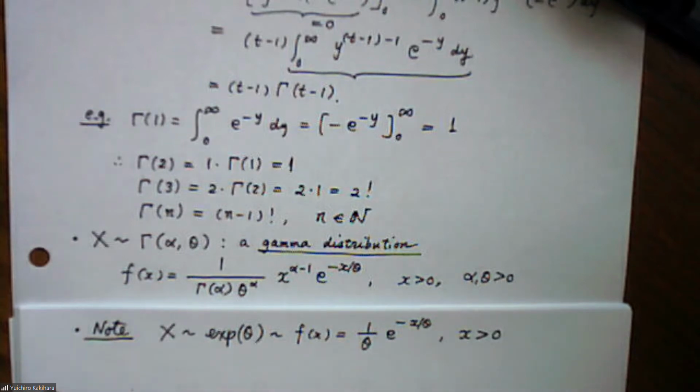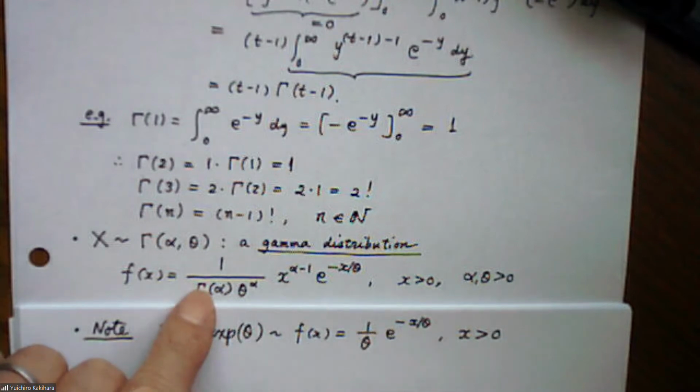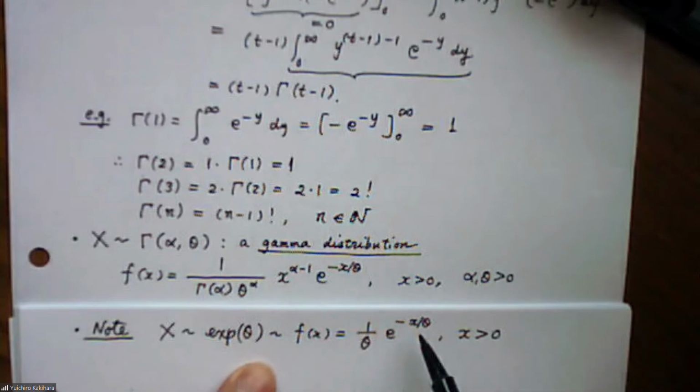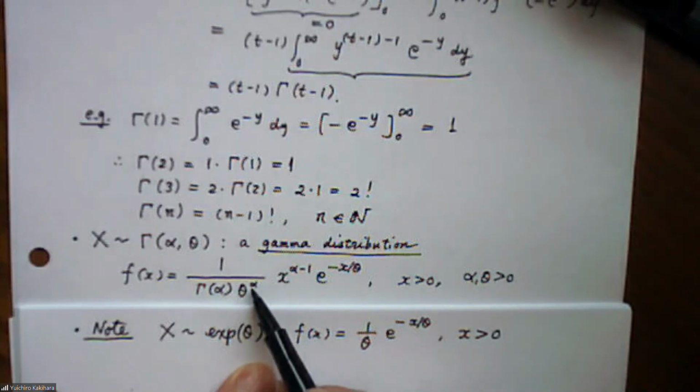Then I compare this with this. We have this common part, e to the negative x over theta. And then theta is in the denominator here, theta to the alpha. So alpha is 1, right? Compare, this is 1.